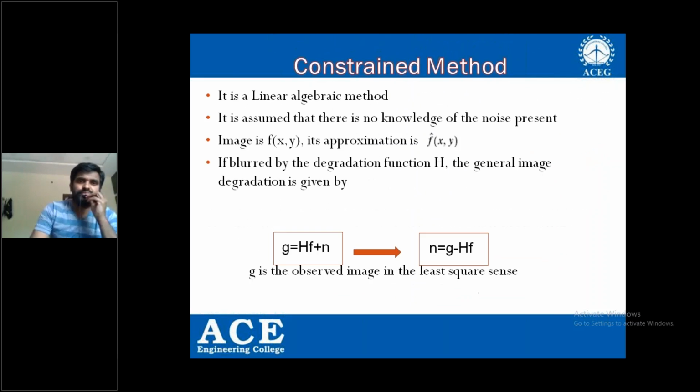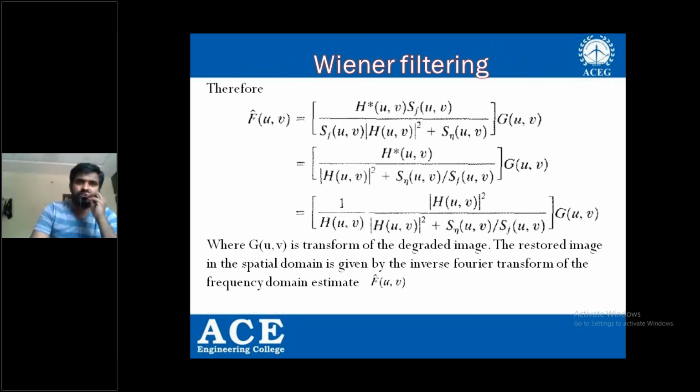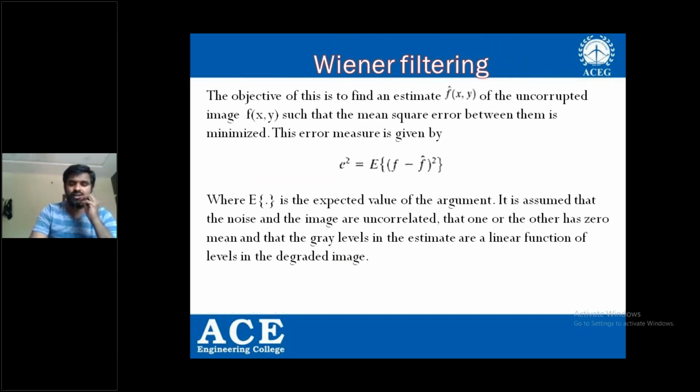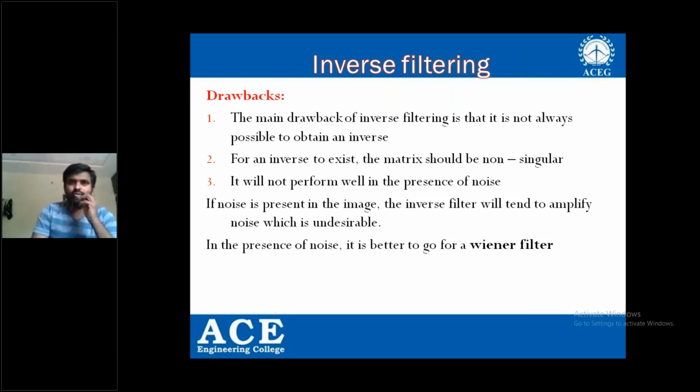So I repeat, a total of 3 methods in linear restoration filtering are discussed. One is inverse filtering, the second is the Wiener filter, and the third is the constraint filter, right? The inverse filtering is used when noise is not present.